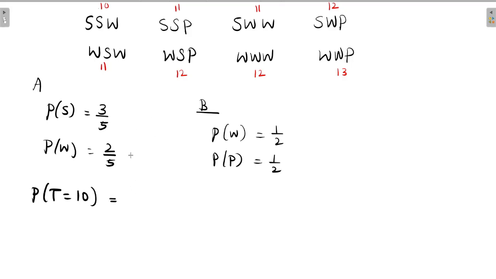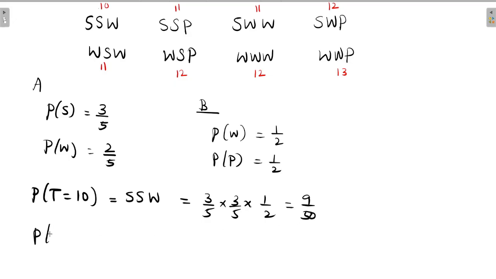The first option is SSW. The first two products are from A, the third product is from B. So 3 by 5 times 3 by 5 times 1 by 2, which is equal to 9 by 50.